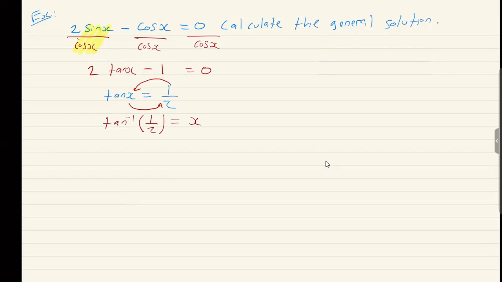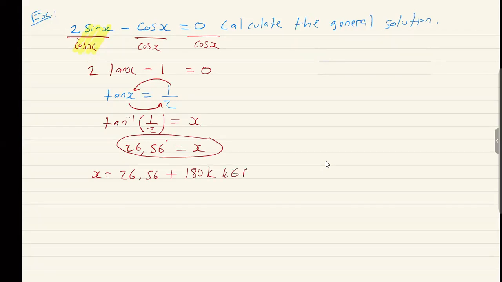What is this angle, guys? 26,56. 26,56 is equal to my angle. Of course, you are going to say x is equal to the reference angle plus 180k, k is an element of the integers.